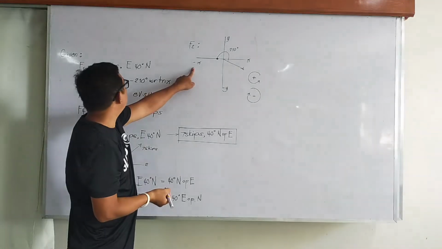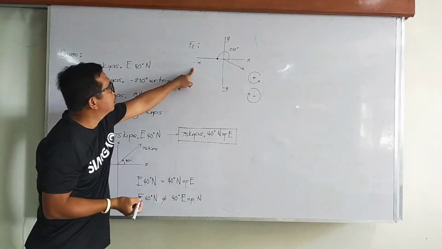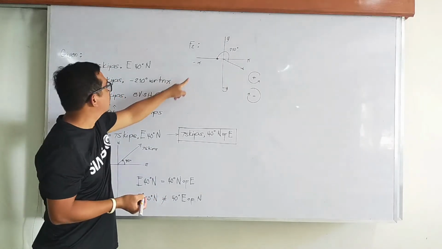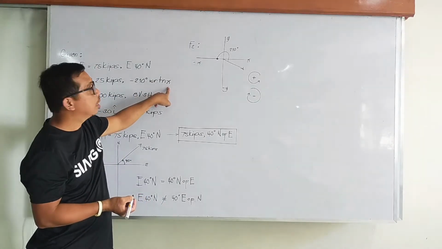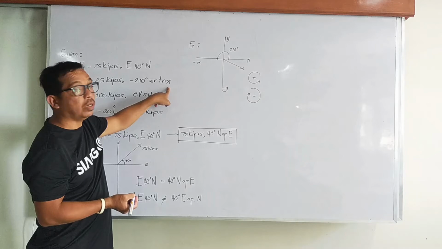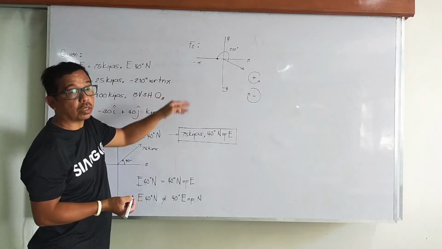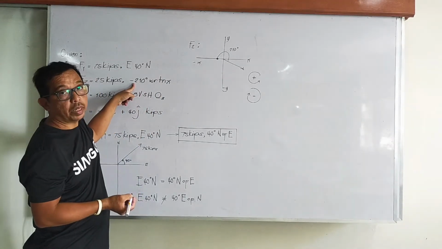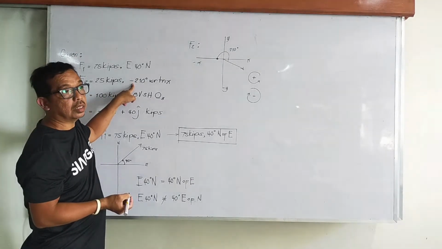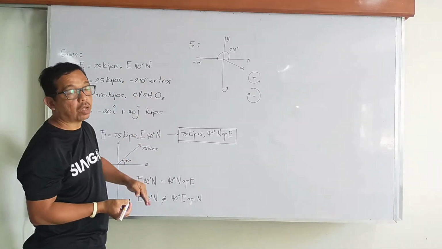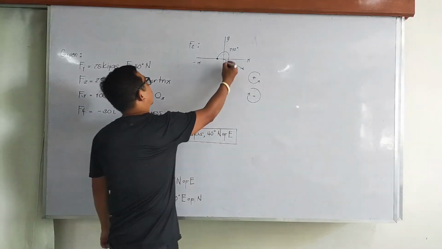Starting from the negative x-axis, paano mo nalaman negative x-axis? With respect to negative x. Eh, paano mo nalaman clockwise rotation? Based on trigonometry practice, the negative angle is on a clockwise fashion.